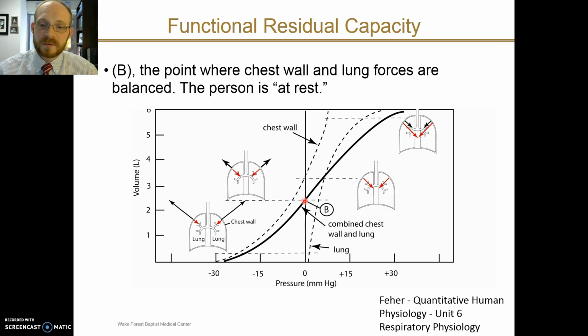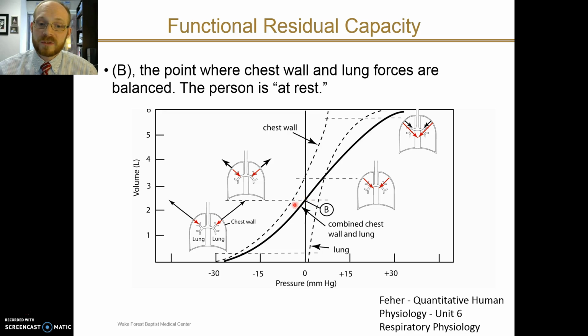At FRC, when these forces are at balance, the chest wall is tending to produce an outward pressure, or a pressure to expand the lung, and the lung tissue itself is tending to create an inward recoil pressure or a tendency to collapse. At the end of expiration, these two forces are balanced and you have the functional residual capacity.